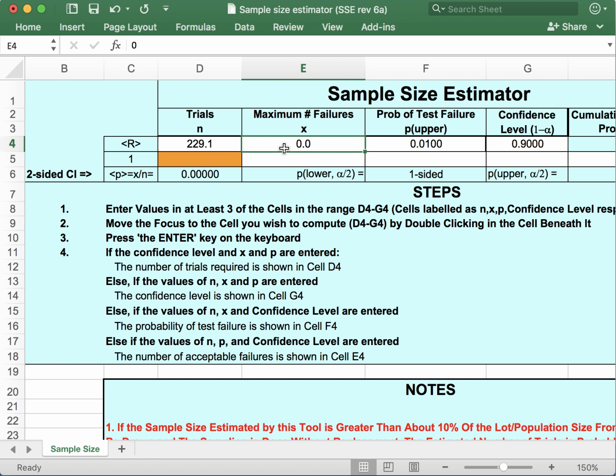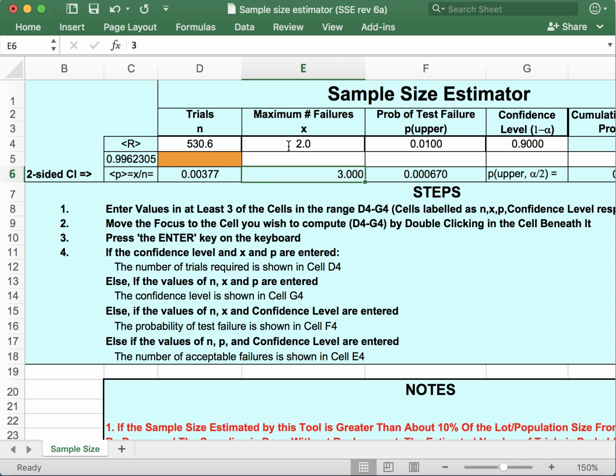Okay, now let's say instead of having 0 test failures, what if we have 1 test failure? The number of samples needed goes up to 387.5, right? And we can continue to do this over and over.